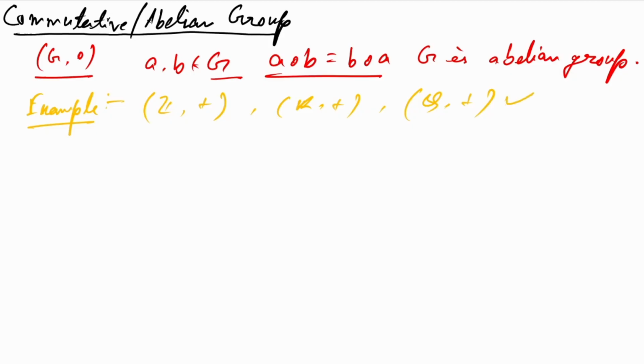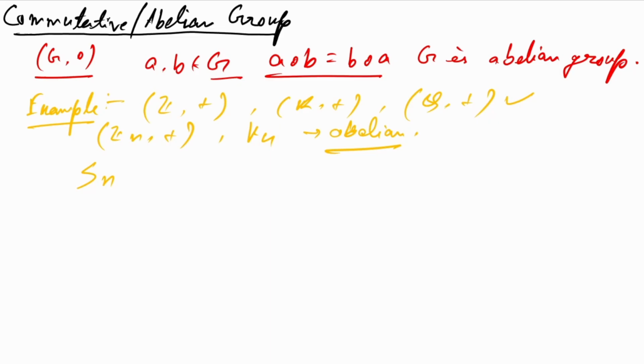So these groups are abelian. Also, our finite groups like Zn, okay, K4, these groups are also abelian. But our symmetric group Sn, this is not abelian.